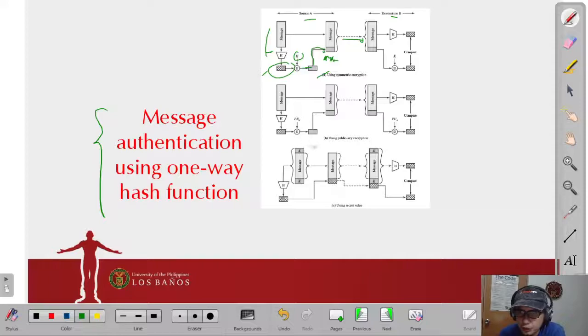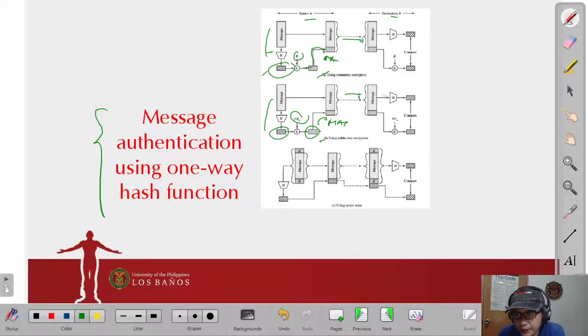Another approach is to use public key encryption, wherein the message again is passed through a hash function, and it will get this hash code here, and then it will be encrypted using the private key of the sender, generating a MAC that will be transferred across the network.